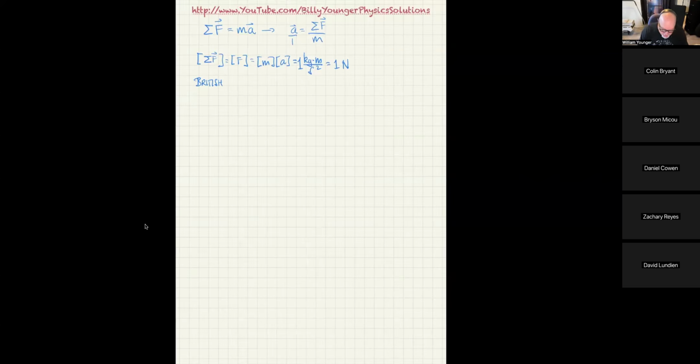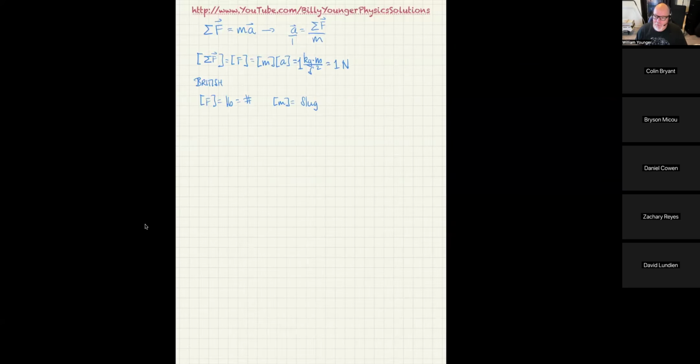In the British system, the unit of force is actually the pound, which we also use like this. And then the unit of mass in the British system is the slug. You can probably see why nobody's heard of that, because no one wants to be compared to slugs when you ask them their weight. But that's basically what it is.